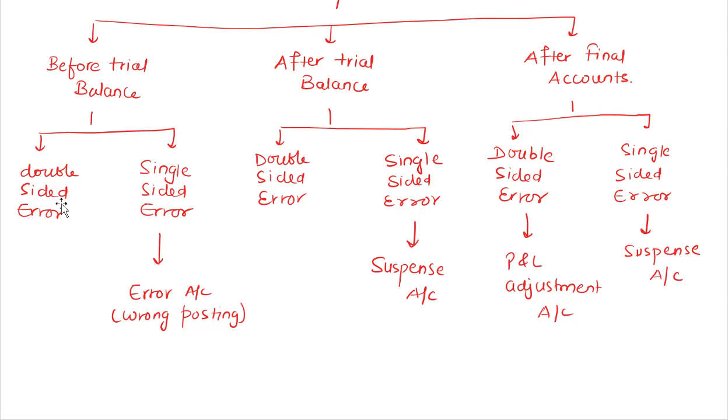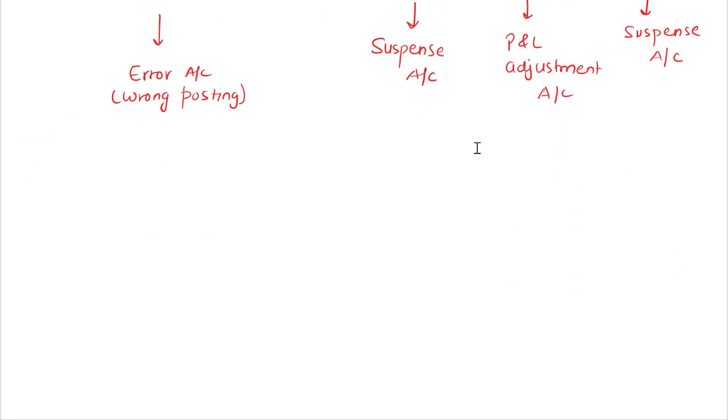My dear students, let me tell you why we are opening the profit and loss adjustment account. Supposing the error occurred in the year 2020, and the error was detected in 2021.